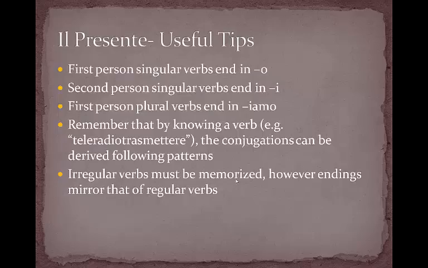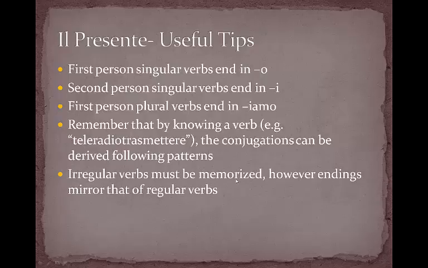So, some useful tips for you when conjugating in the present tense. You may have noticed that there are some endings that are pretty much distinctly shared by all verbs. Regardless of if the verb is an ARE, an ERE, an IRE, and if it's regular or irregular, first person singular verbs, those io verbs, they'll always end in an O in the present tense.